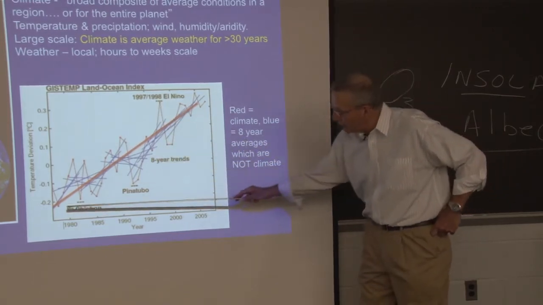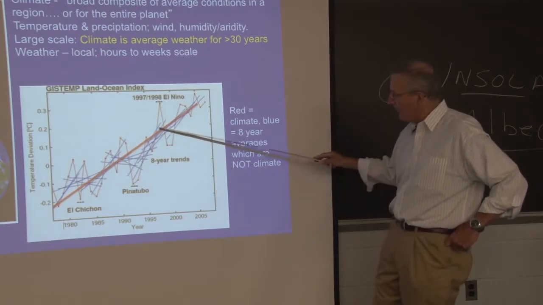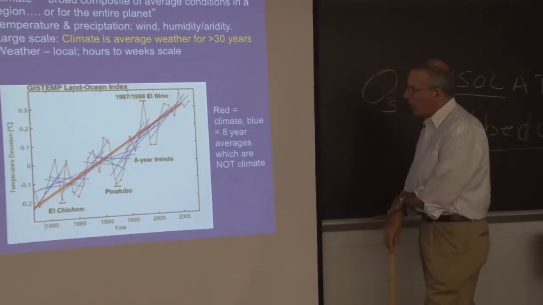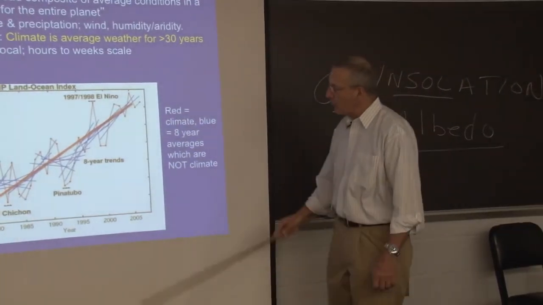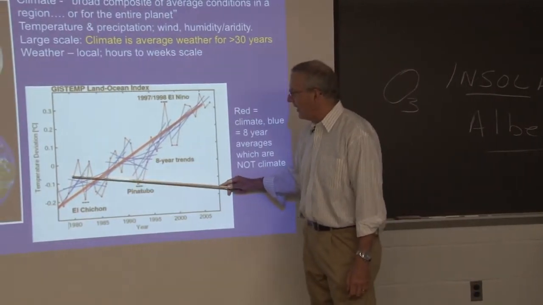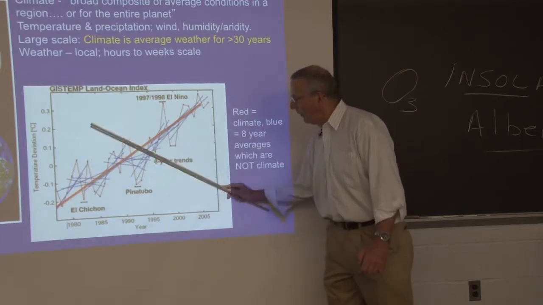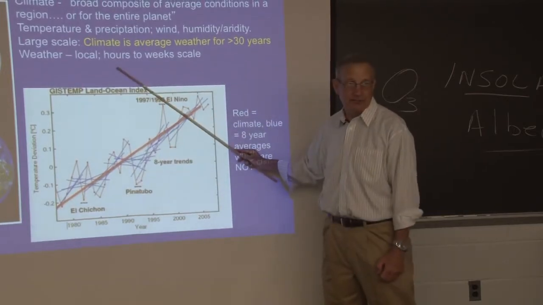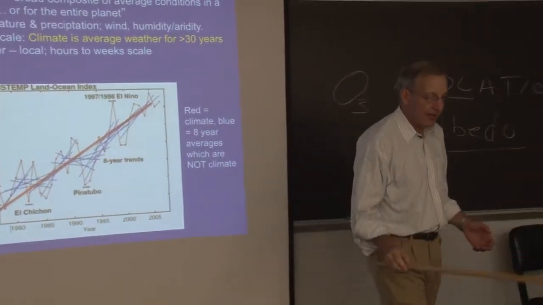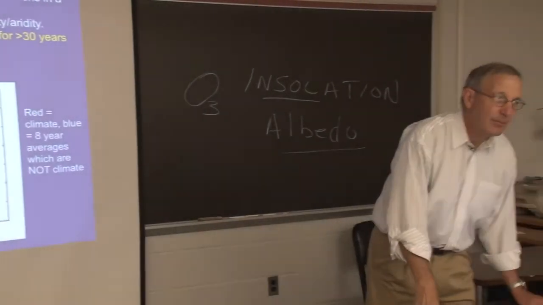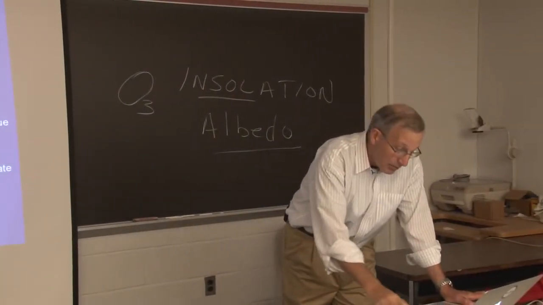But you can see that if you put an average through, the average is all up. Now let's say you try to average for a shorter period of time. In this case, 8 years was chosen. The trends are all over the place. So this is important when we answer the question, for example, we'll come back in the next lecture, has global warming stopped?